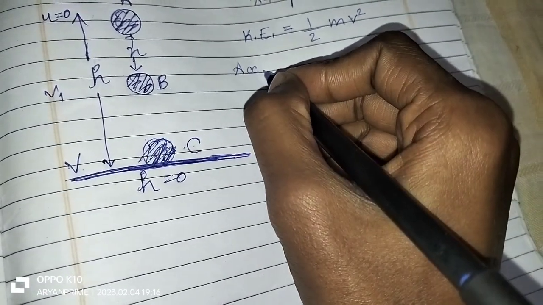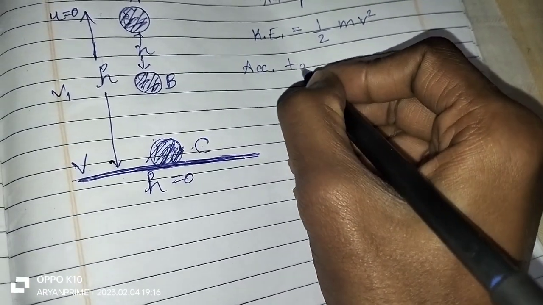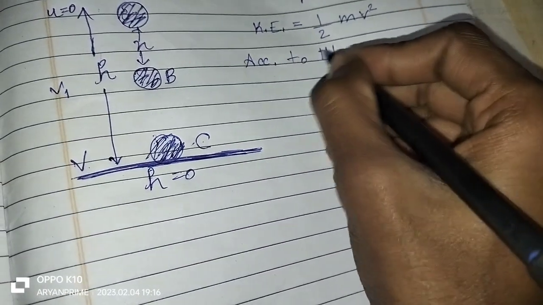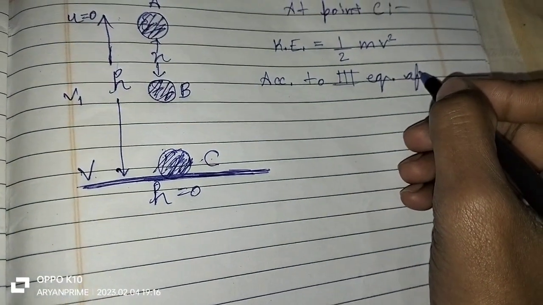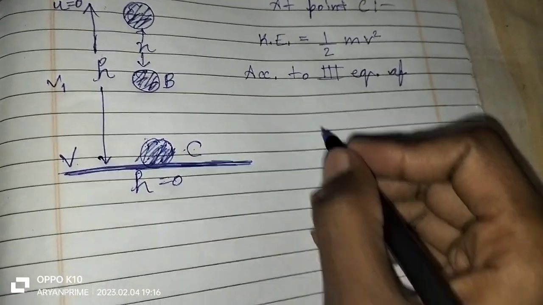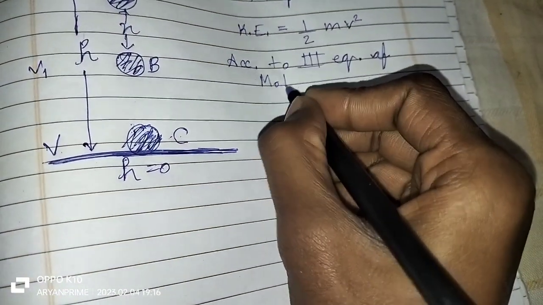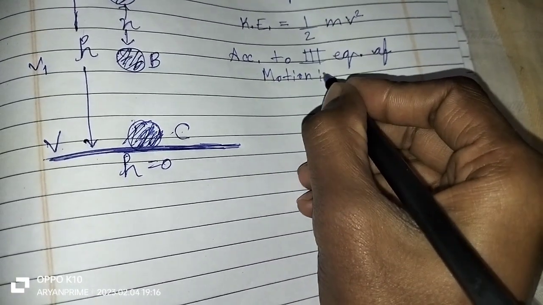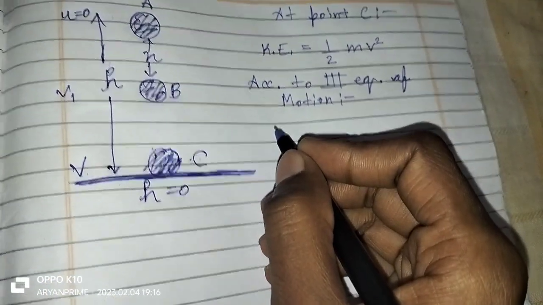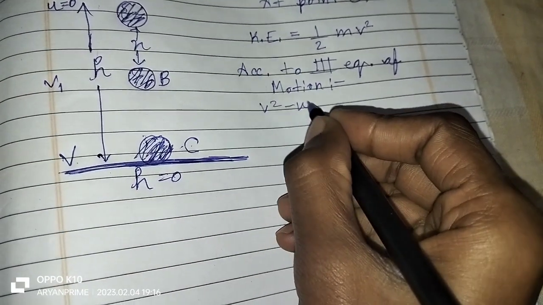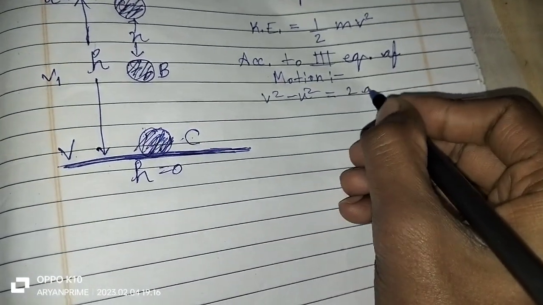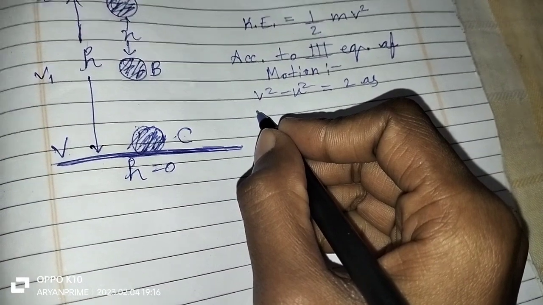Kinetic energy equals 1 by 2 mv square. We have to find the v square value. So according to the third equation of motion, we have v square minus u square equals 2as.